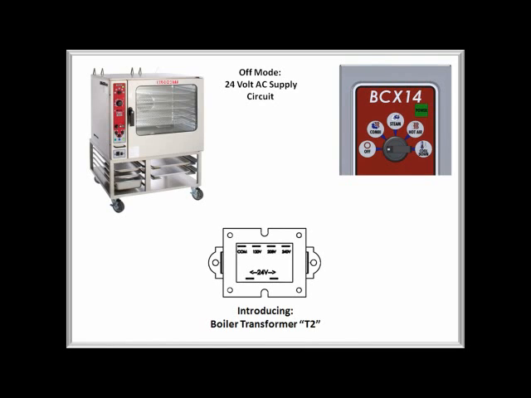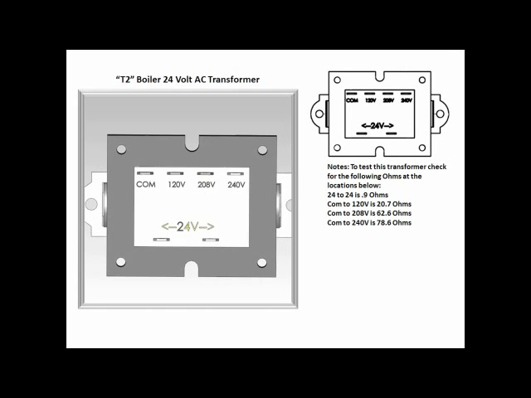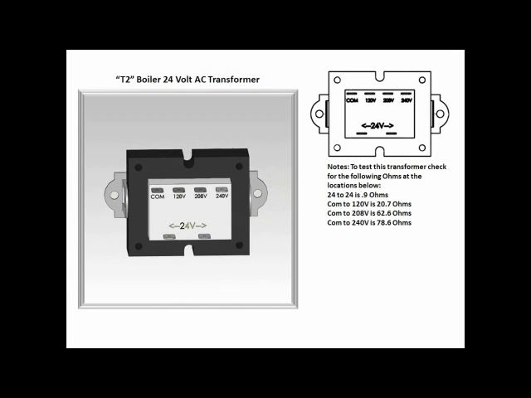The boiler transformer is labeled T2 on the schematic. It is also a 120 to 24 volt AC transformer. Both transformers can be tested with a meter set to read ohms.